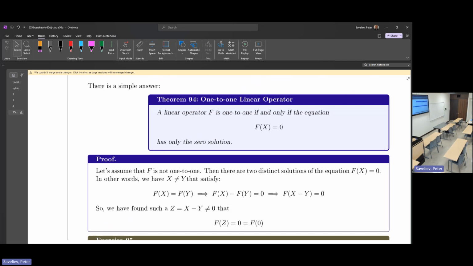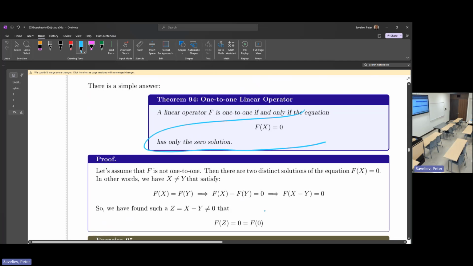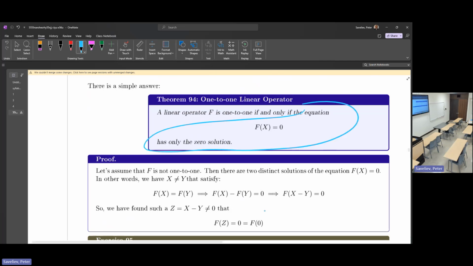Linear operators have this very simple structure: verification of one-to-one requires exactly this. The equation f of x equal to 0 has only that zero solution. Zero is a solution always. Is there another one? If there is no other one, that's it.